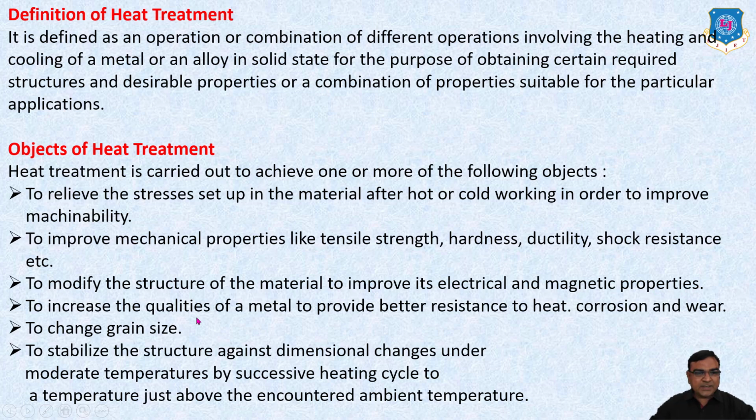To increase the qualities of a metal to provide better resistance to heat, corrosion and wear. To change grain size. To stabilize the structure against dimensional changes under moderate temperatures by successive heating cycles to a temperature just above the encountered ambient temperature.